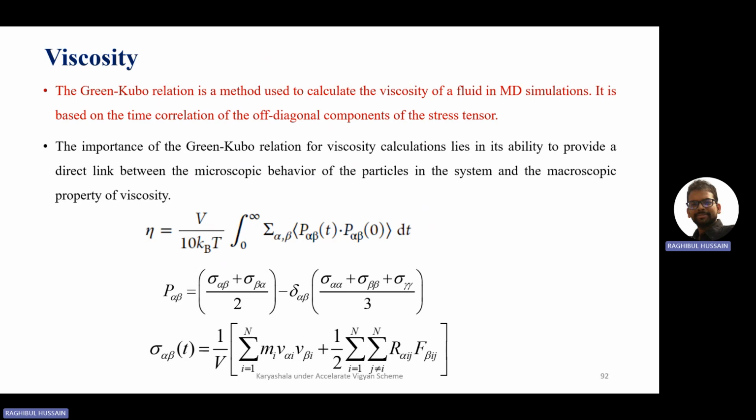So that is the distance of the nearest neighbor times the force in the other direction. Okay, let me explain. Let's say alpha equals x and beta equals y. So that will be xy.